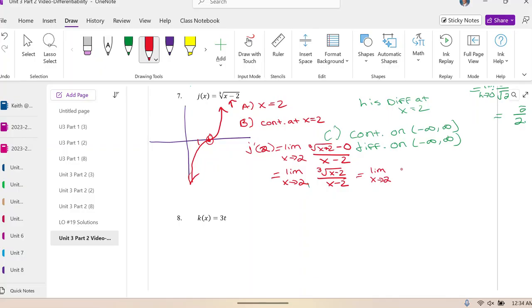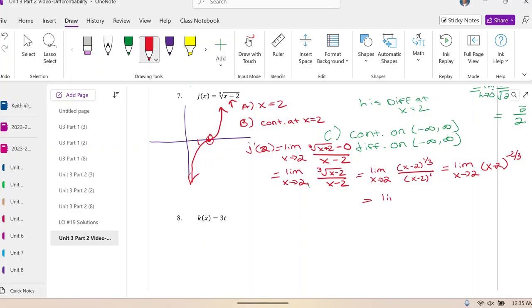This is the same as saying the cube root of x minus 2 is the same as saying x minus 2 to the 1/3 power. And this is x minus 2 to the first. Remember, if you have the same thing and you're dividing, you can subtract the exponents. So this would be the limit as x approaches 2 of x minus 2 to the negative 2/3, right? Because basically 1/3 minus 1 is negative 2/3.